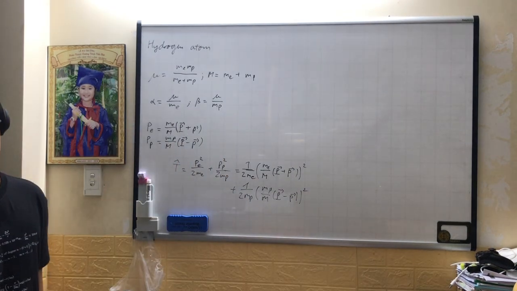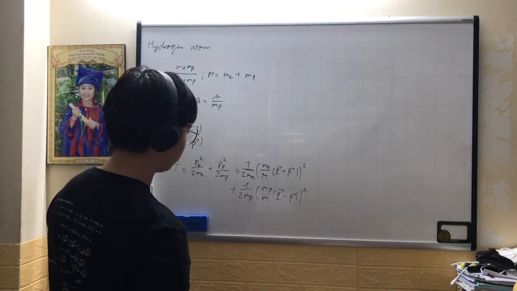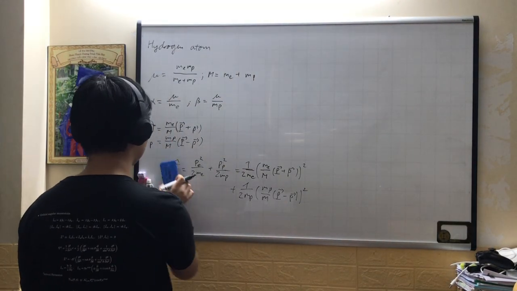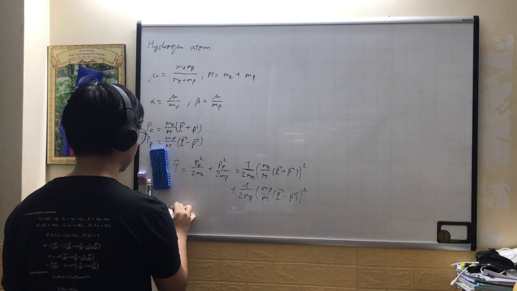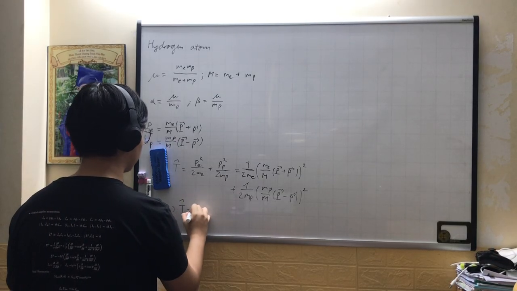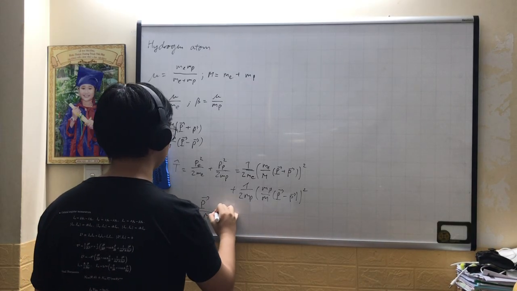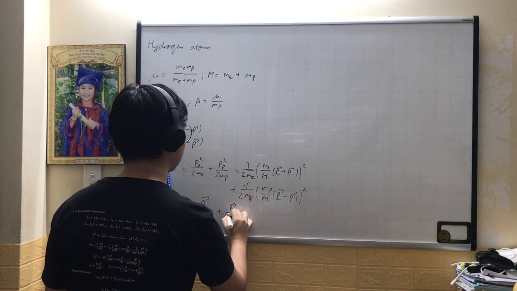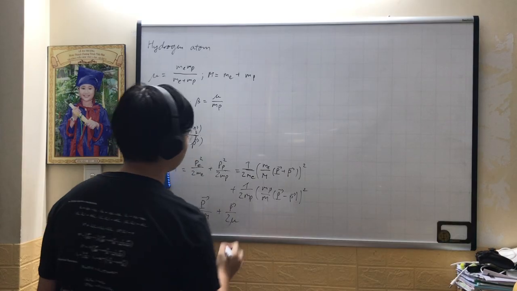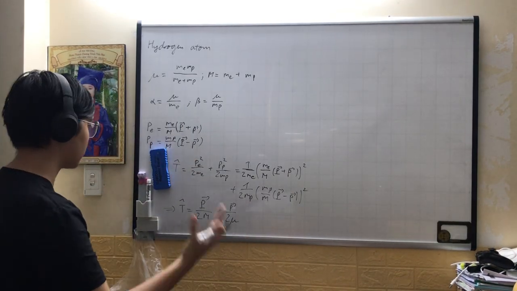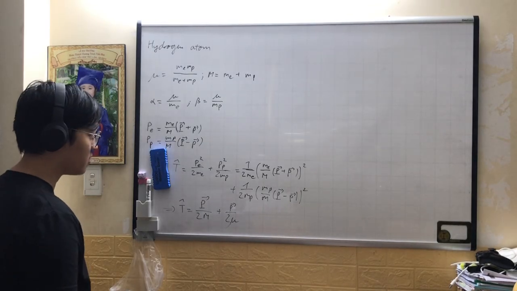Okay, so you can tidy it up to get something like this. And this would be the form that we're gonna use: big P squared over 2M plus small p squared over 2 mu. So this is your kinetic operator in your Hamiltonian.